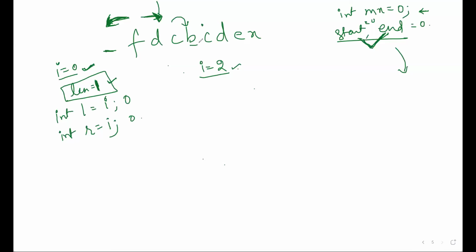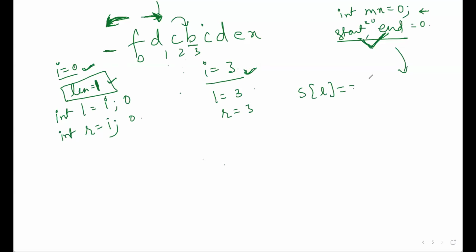Now, when I go to this particular B, my current index i is equal to 3. 0, 1, 2, 3. So let us consider this index 3 to be the midpoint. Okay. Now, my left pointer is 3. Currently, the right pointer is 3. I compare: is the character present at the left index equal to the character present at the right index?